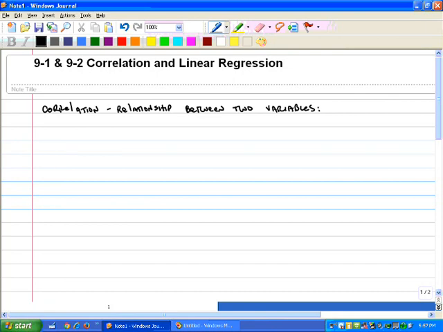Most of the problems we'll be dealing with will involve an independent variable and a dependent variable, an x and a y, that will go together to make ordered pairs. We'll put those data together in tables.